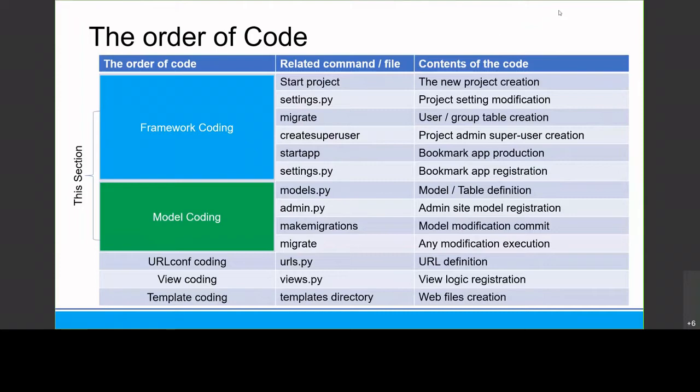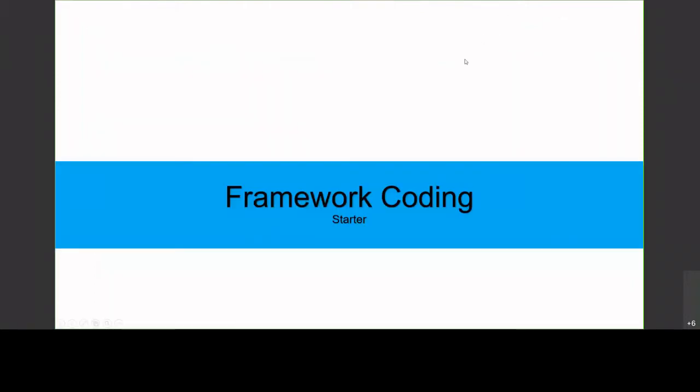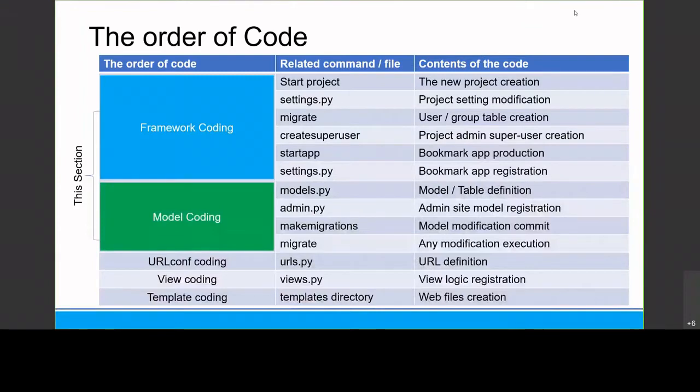So the first is about the framework coding. The framework coding consists of several items. Okay. If you can see this one, we will start with the new project. We will do one by one. Please try to follow my instruction, because if you miss one, then you may have errors in the later part.